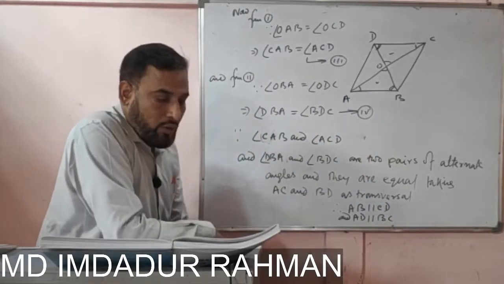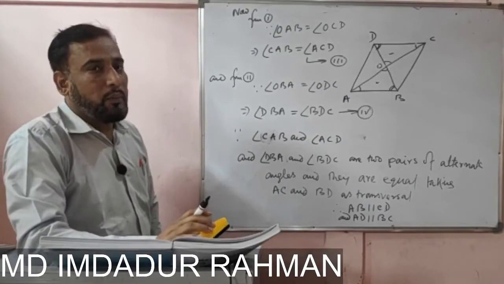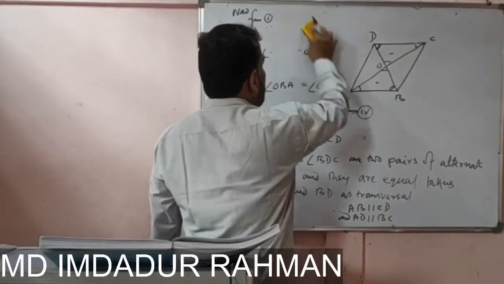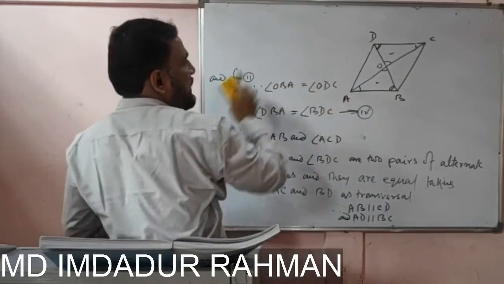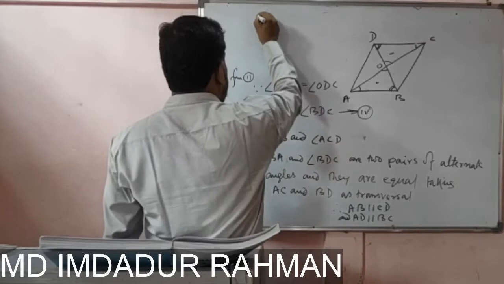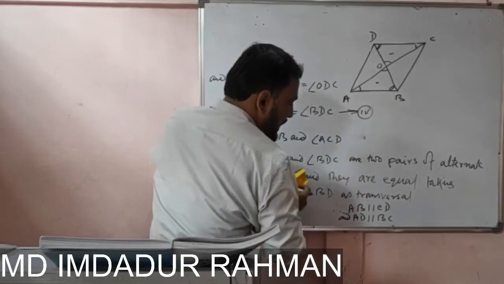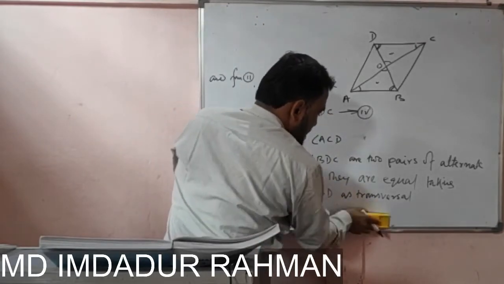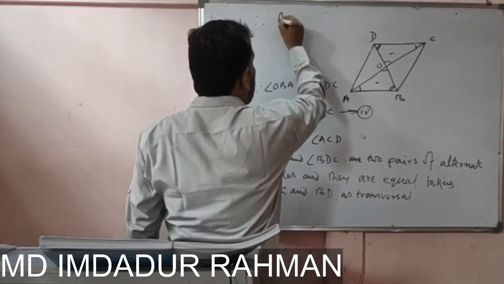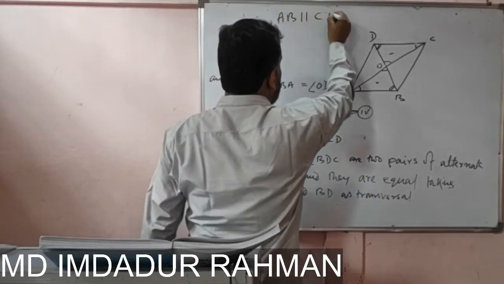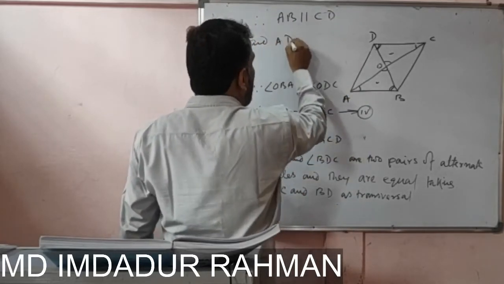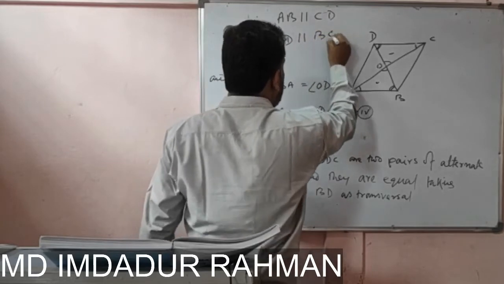If pairs of opposite sides are parallel, then we can say that the quadrilateral is a parallelogram. Therefore, I am writing this line again, since it is not visible here: AB is parallel to CD and AD is parallel to BC.